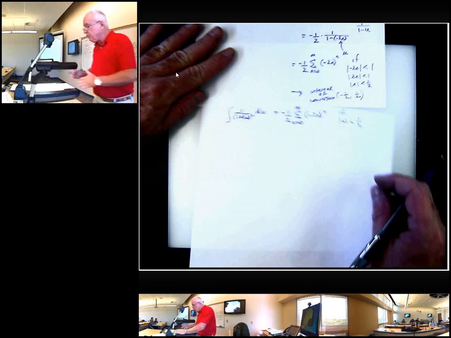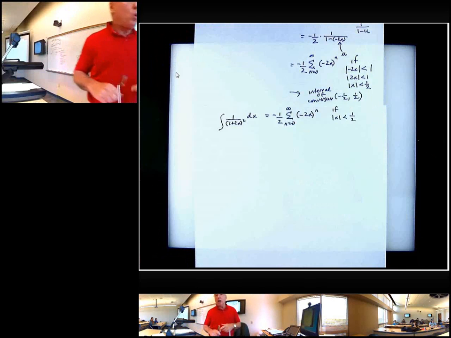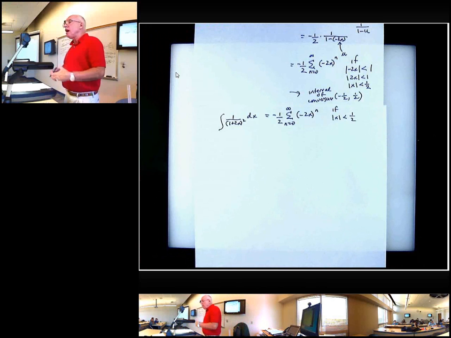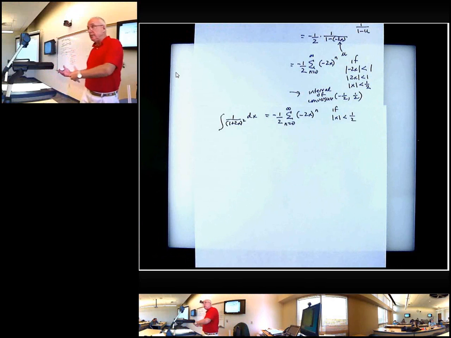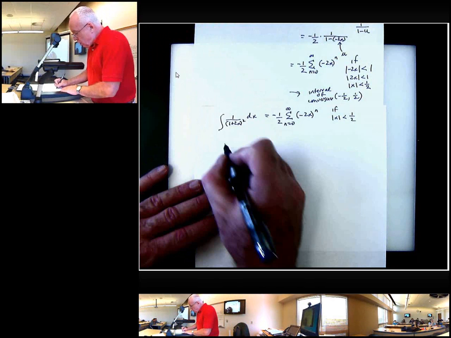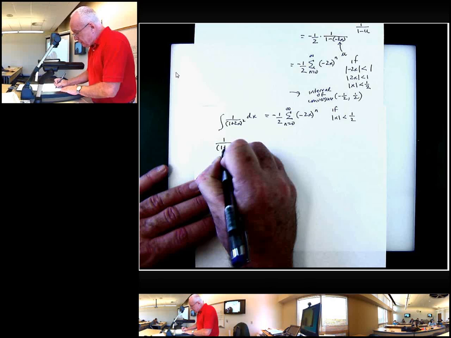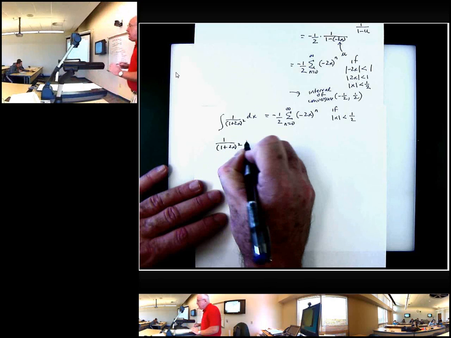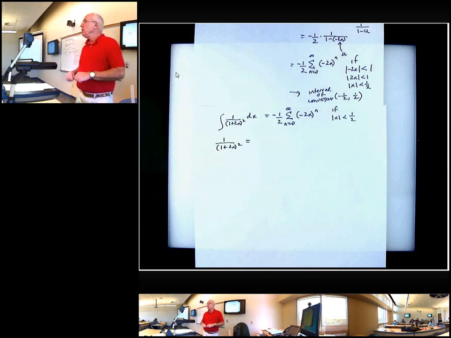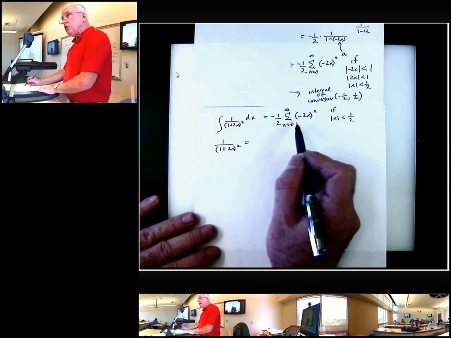So we're asked for the representation of 1 over (1 plus 2x) squared. We found now what the antiderivative is, or what the integral of it is. So therefore, 1 over (1 plus 2x) squared is going to equal what of the other side? The derivative, right. This is the antiderivative.